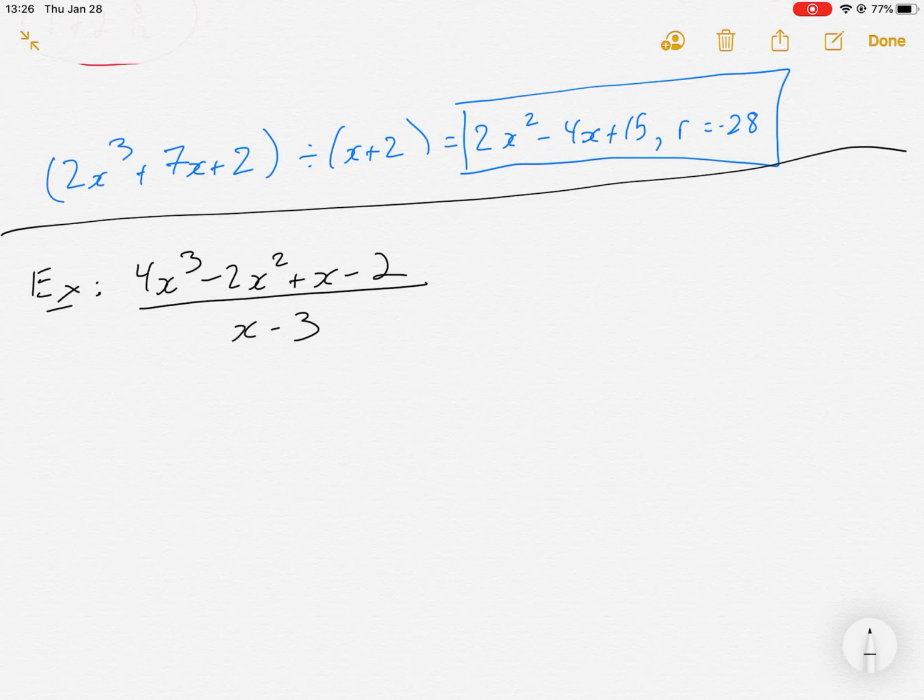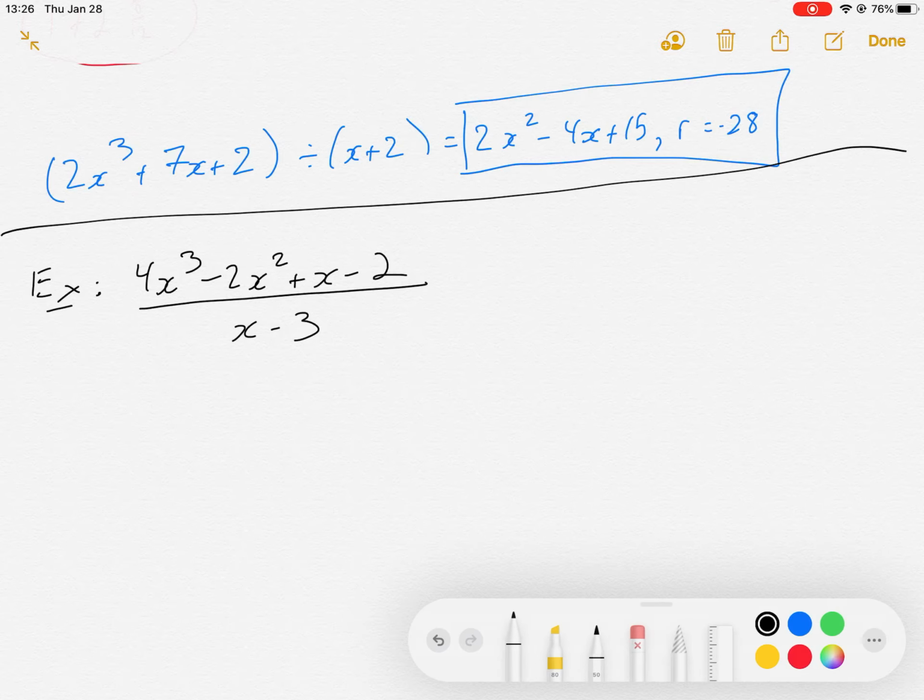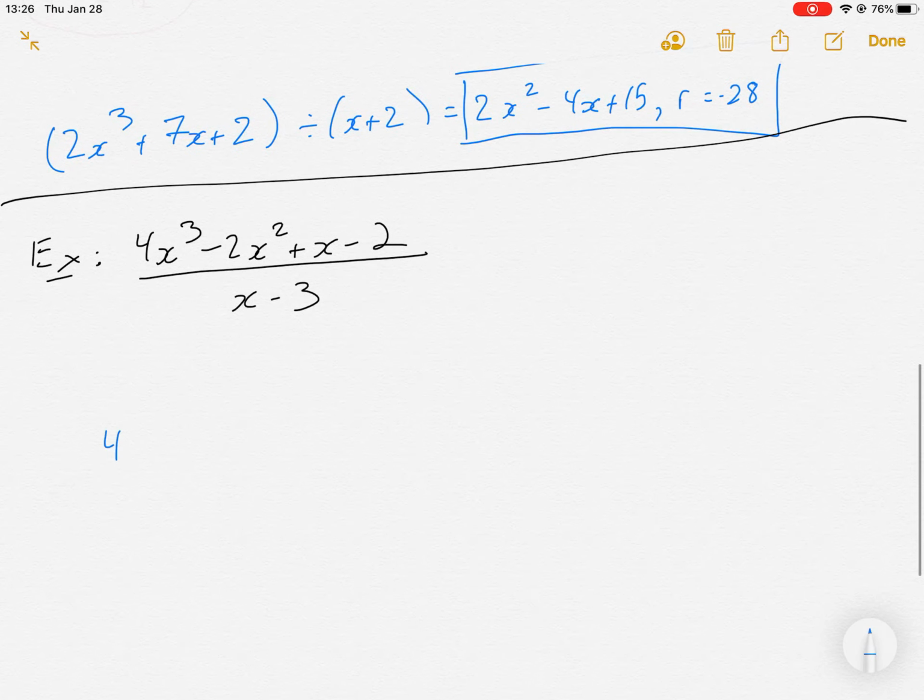Notice I'm using slightly different notation in this one. I'm using the straight line across to show that I'm dividing them this time. And so let's go ahead and set this up. We have 4x cubed minus 2x squared plus x minus 2 divided by x minus 3.